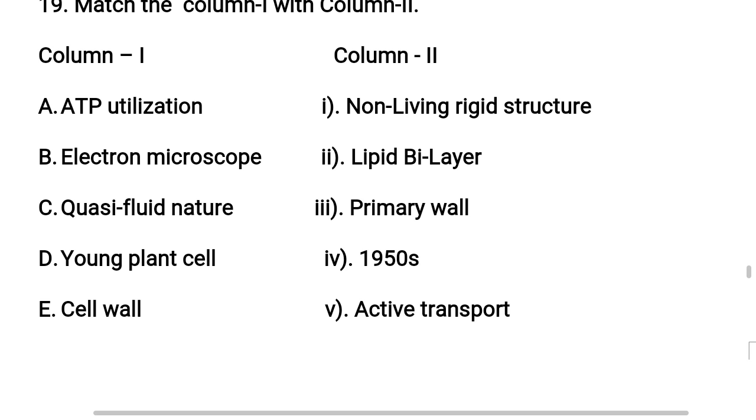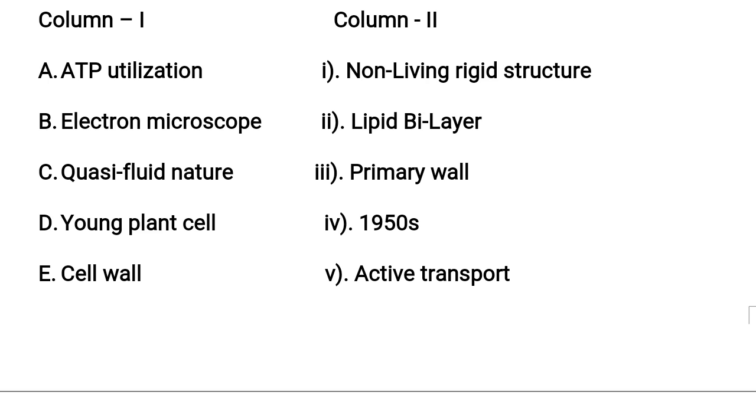Now it's time to match column 1 and column 2. Let's match. ATP utilization. As we just discussed, ATP is utilized by the Na plus and K plus ion pump for transportation across the plasma membrane.